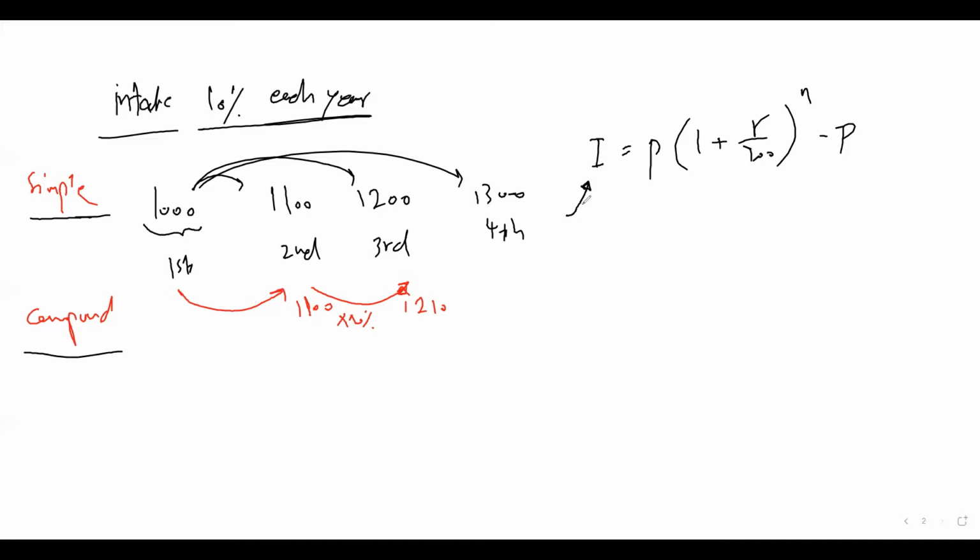But we're looking at the total number of students at the beginning of the fourth year. So I should not subtract P from it, right?